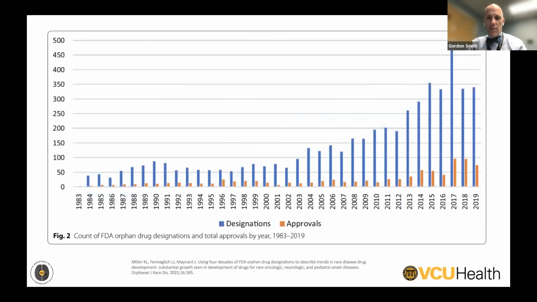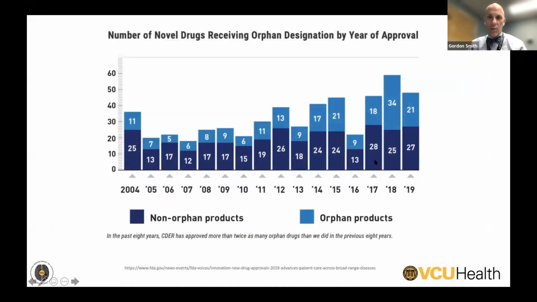This gives you a sense of the rate at which orphan designations are taking place in approvals. And so these are the designations in blue, and you can see that they've really skyrocketed, particularly in the last 10 years. And of course, now we're seeing an increasing number of orphan drug approvals as a consequence of this. And so this is a major therapeutic strategy at many pharmaceutical companies. And this shows us the same thing in somewhat of a different way.